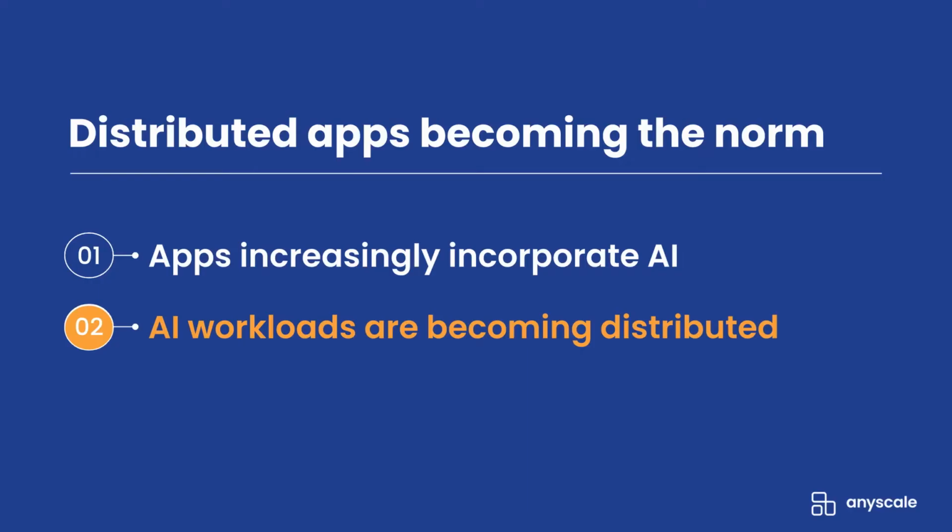The reason why AI workloads are becoming distributed is simply because the demand of these workloads is growing much faster than the hardware capabilities of a single processor or a single node.